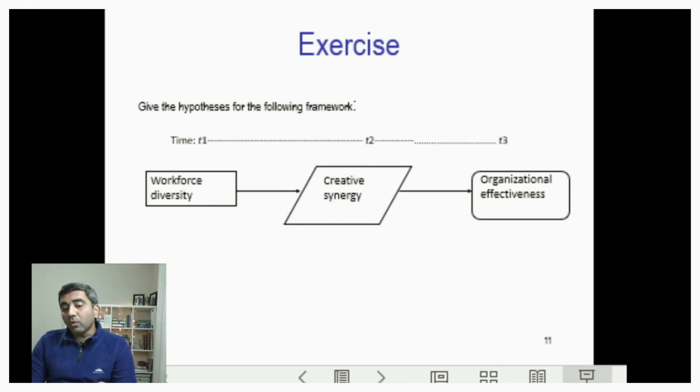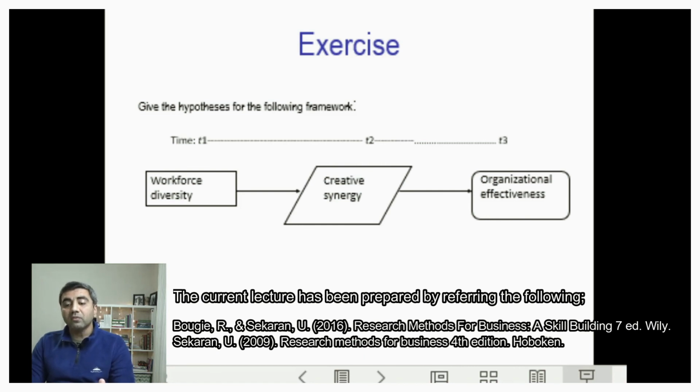So what it does is that it helps us to understand how organizational effectiveness can result from having diversity in the workforce. What we need to note here is that creative synergy, the mediating variable, surfaces at time t2, as a function of workforce diversity, which was in place at time t1, to bring about organizational effectiveness at time t3.